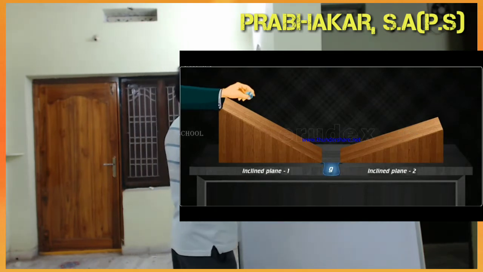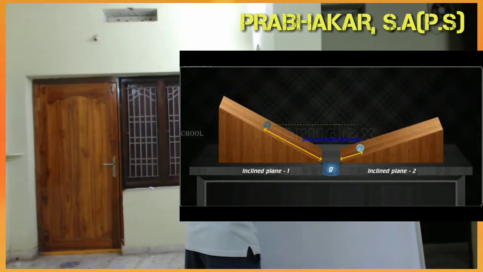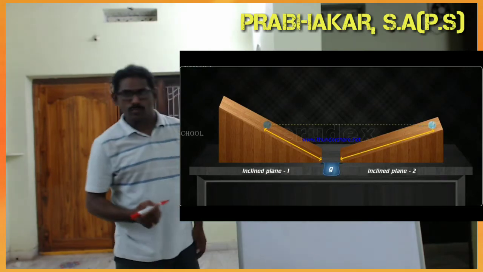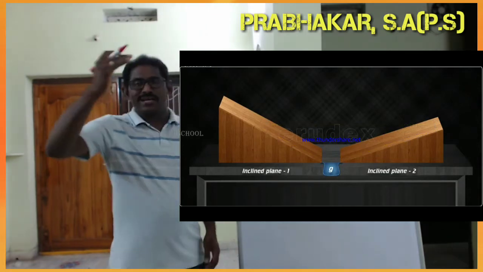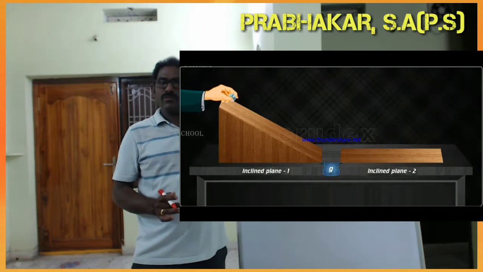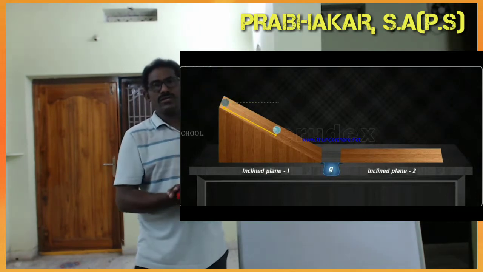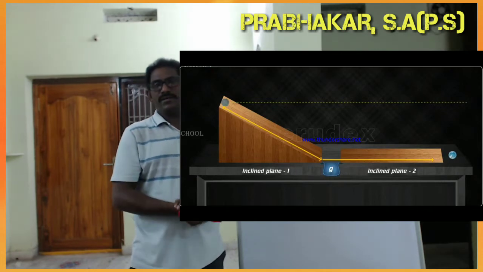That means if the object moves from a particular height and in the second region there is no slope, he predicted that the object moves indefinitely. That means it continues its motion until an external force acts on it.